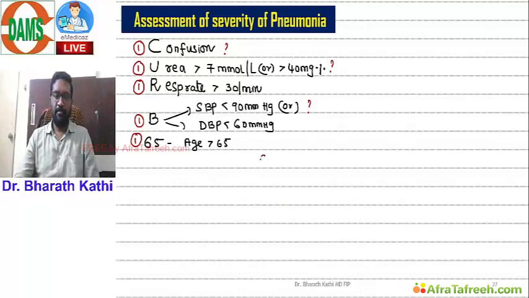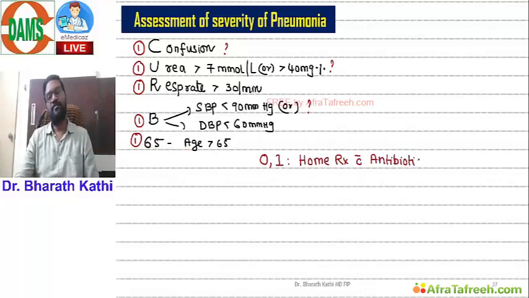Coming to the scoring system, if score is 0-1, home treatment with antibiotic will be sufficient. So this is a patient with the best prognosis. Mortality is very less.